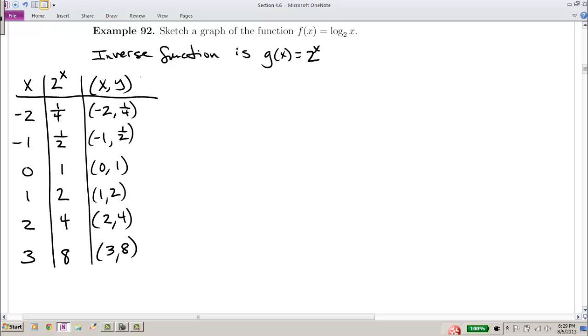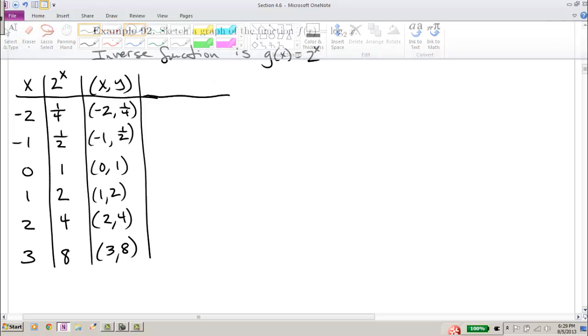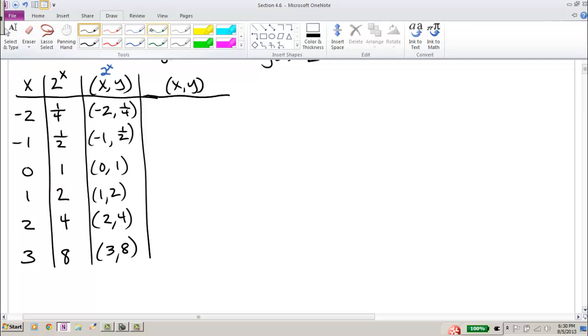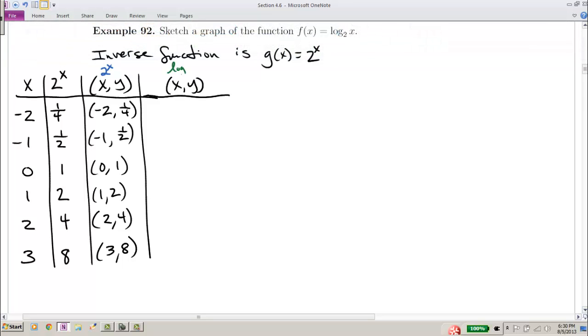Of course, we're not graphing 2 to the x, we want to graph the log base 2 function. So these pairs right here that we just wrote down are on the 2 to the x graph. So let's get some xy pairs for values of the function log base 2 of x.